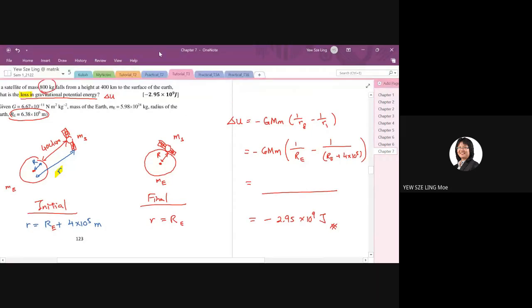Why? Because almost every equation in chapter 7 needs R. So if you don't know how to calculate the correct R, you won't be able to answer the questions in chapter 7. R is always from the center of the mass. So sketch the diagram and then solve the questions.